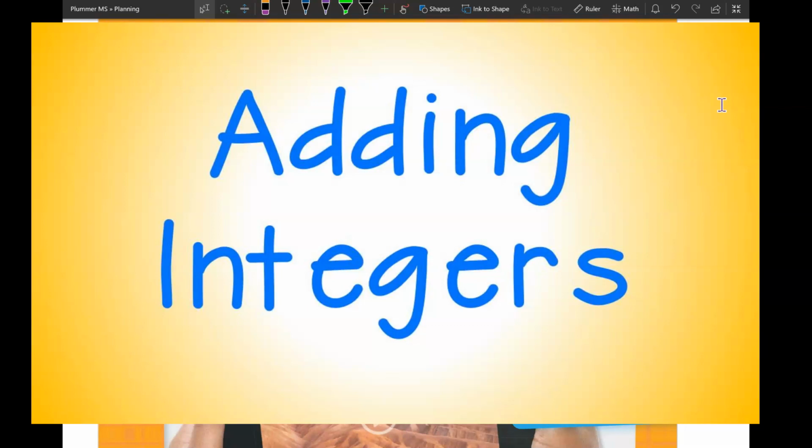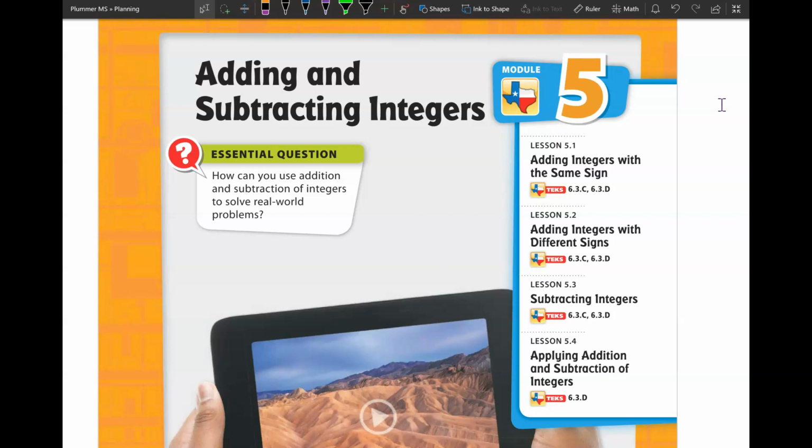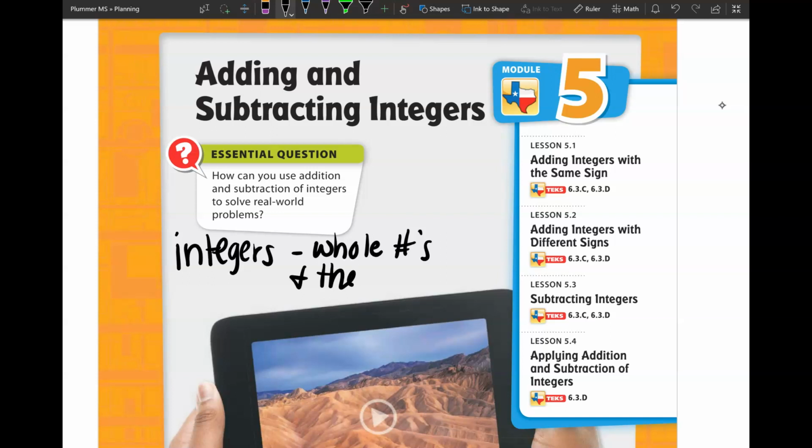We are going to get into adding integers today, so we're going to go through 2 lessons today. Remember, integers are whole numbers and their opposites, including 0.